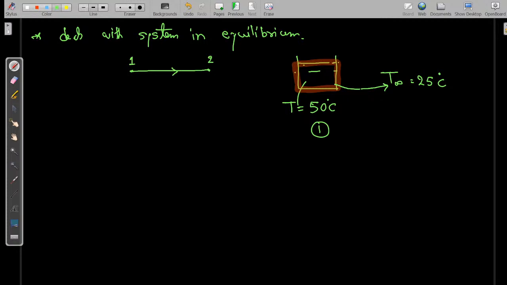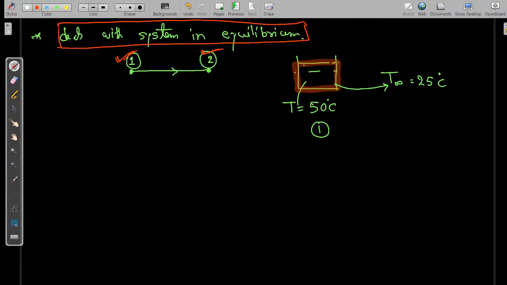So it will attain an equilibrium state which is different from its initial equilibrium state. In other words, the system is changing its equilibrium state from one state to another, and we will concern ourselves only with these states. That's why I have written that it deals with systems in equilibrium. That's the main important point.